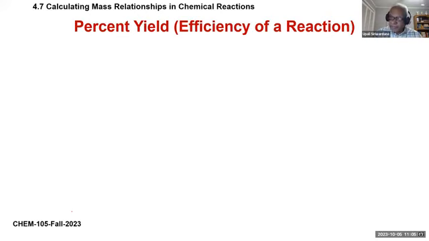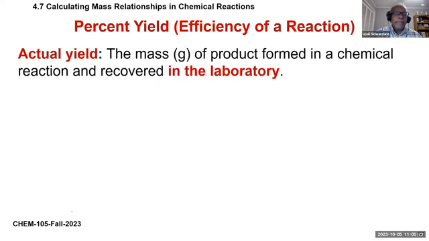Now the last topic I'm going to go over today is percent yield and how to tell the efficiency of a chemical reaction. Actual yield is not the stoichiometric yield that we calculate using the chemical equation.